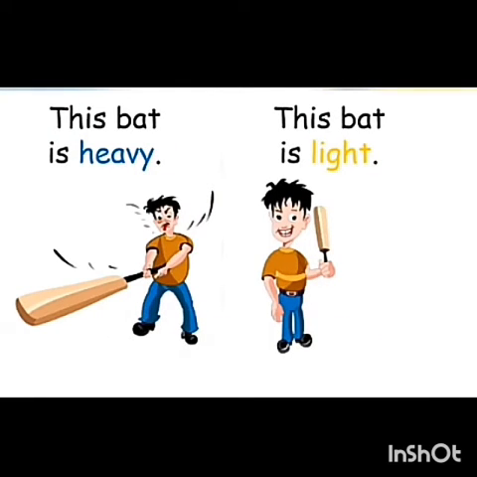So, the bat is heavy in weight and another bat is light in weight. The left one is very heavy in weight, so Ram cannot lift it. But the right bat is thin and Ram can easily lift it. So now you understood what is heavy and what is light? So children, I hope you understood what are heavy objects and light objects.